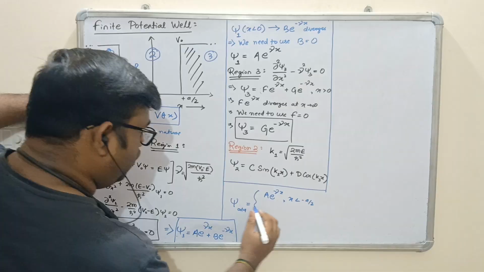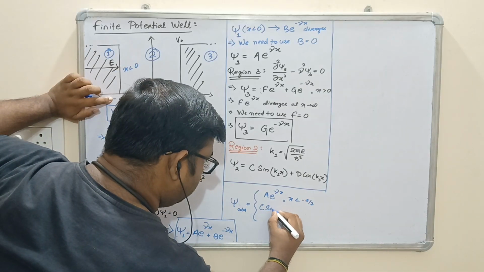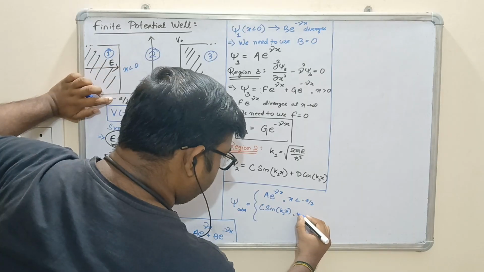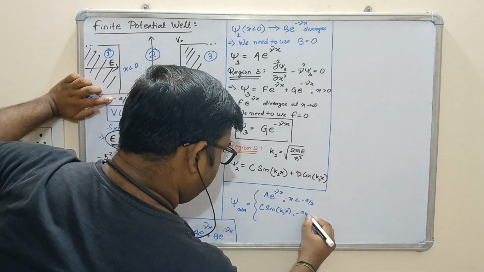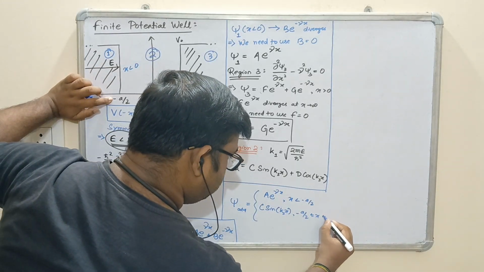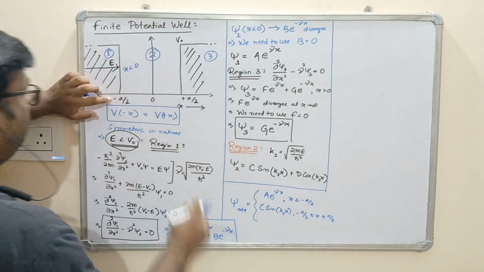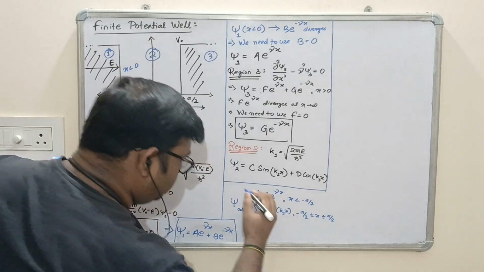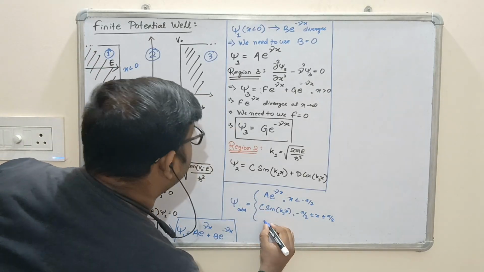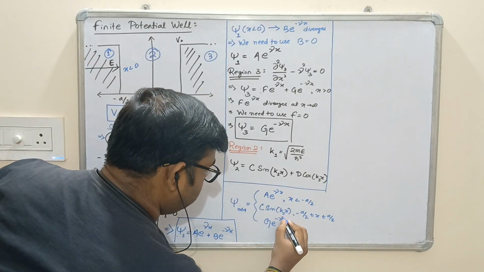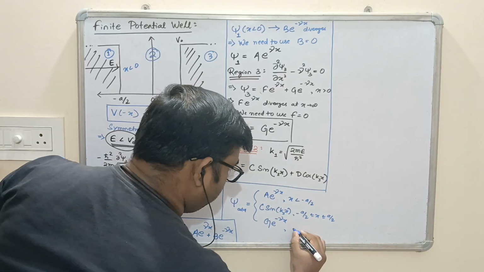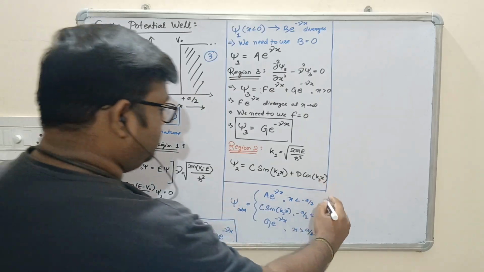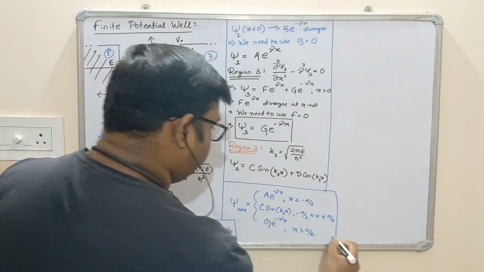For the odd we'll have c sine k1x from minus a by 2 less than or equal to x less than or equal to a by 2. And from the region beyond it, it will have g e to the power minus nu x, which is for x greater than a by 2. This is your wave function for the odd part.